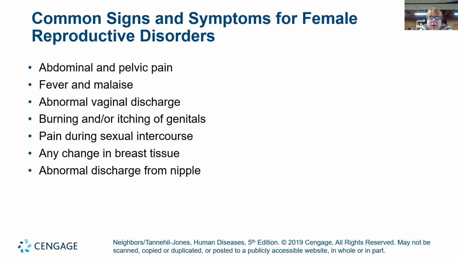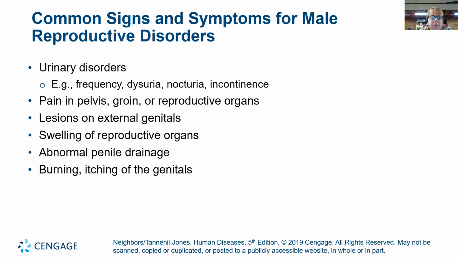Usually these are accompanied by fever, malaise, possible vaginal discharge, burning, and pain during sex. And keep in mind that the breasts are also considered reproductive organs. So anytime there's an abnormal discharge from the nipple, that is also considered a reproductive female disorder.